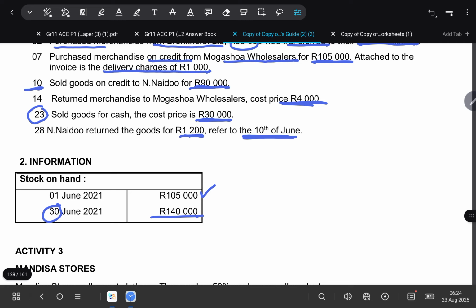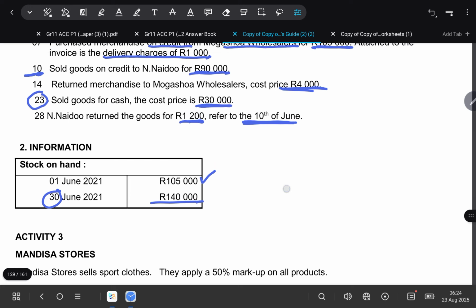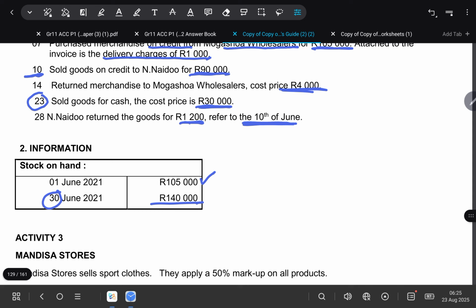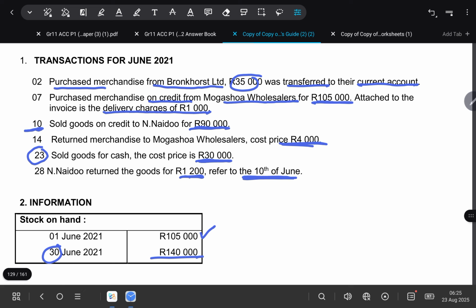If we were given our selling price straight, we were going to take it and update it. But remember here, when they sold for this 90,000, they will only update the return part, but they wouldn't update the cost of sales, because they have to wait for the end of the year. I hope that makes sense, guys. Okay.